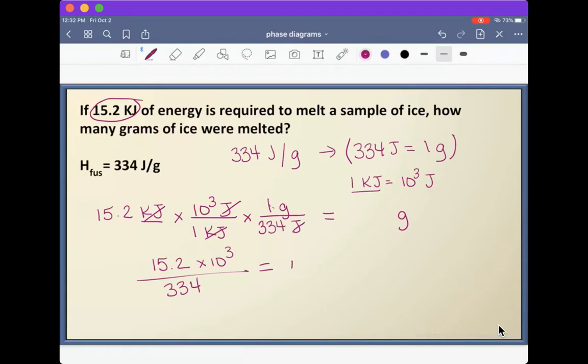And I get the number 45.508. I'm going to round because I only want 1 decimal place, so I get 45.5. So 45.5 grams of ice were melted with the release of 15.2 kilojoules of heat.